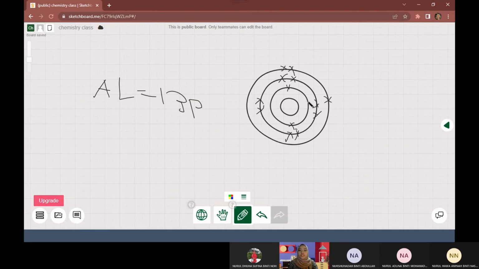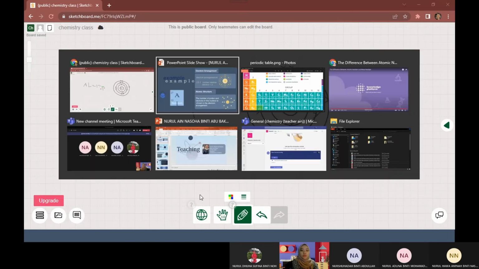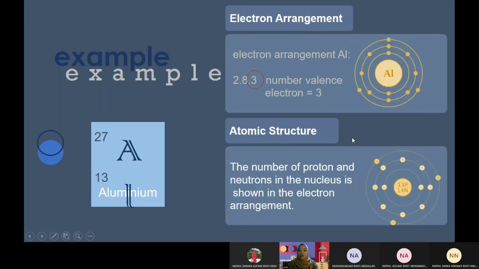So this electron arrangement, we have to put it here. So if the question wants you to draw the atomic structure, then you have to put the number of protons and neutrons in the nucleus. Okay?